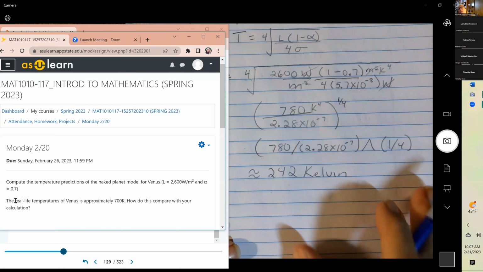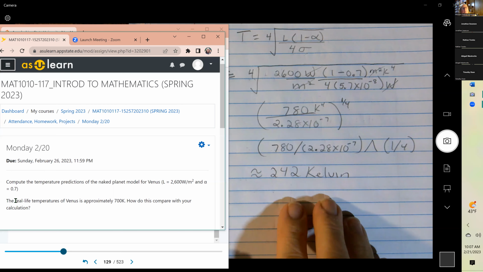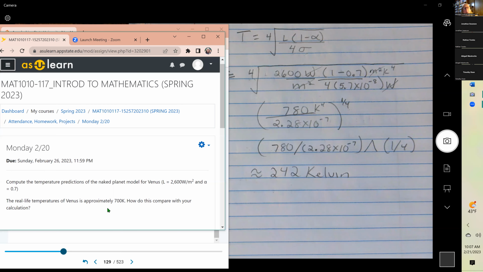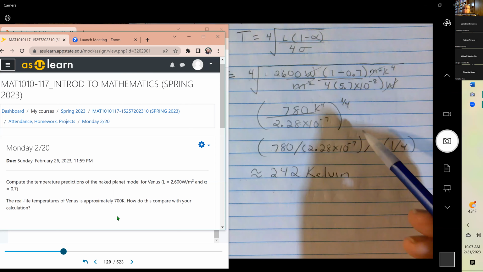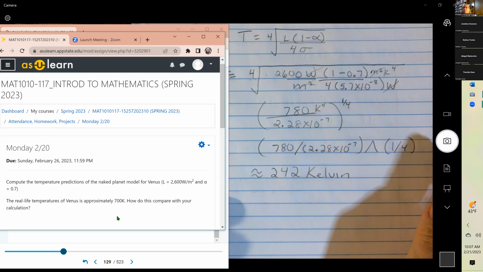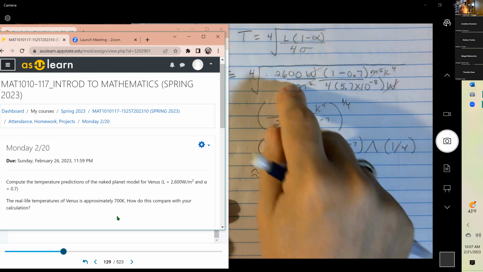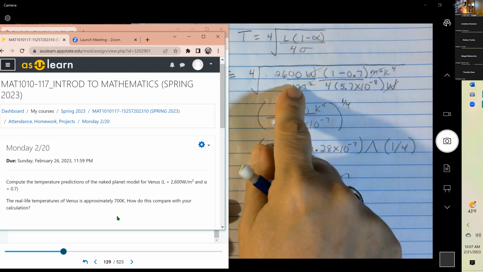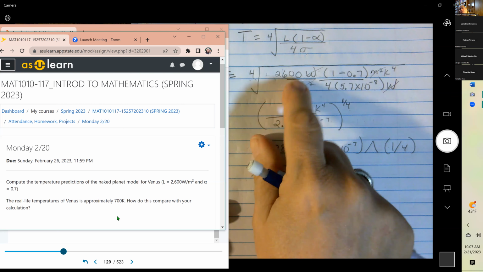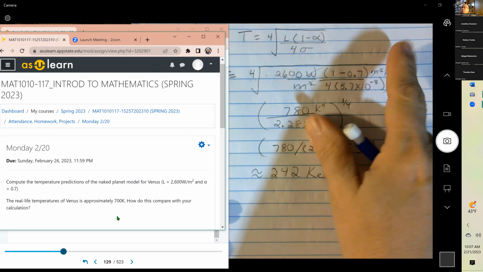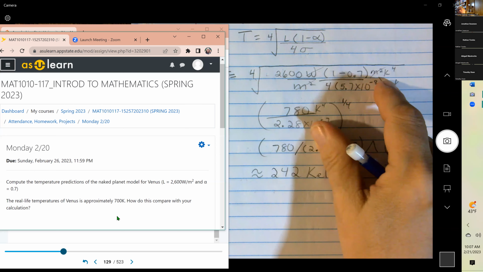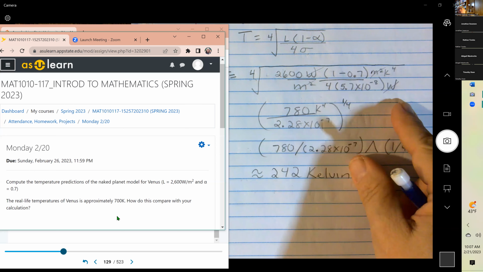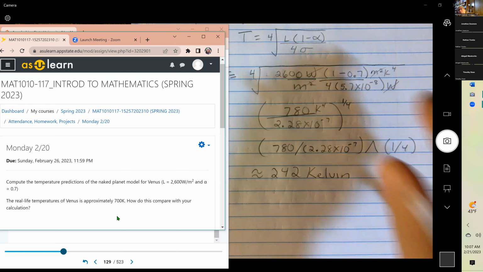Now this is a lot lower than the actual. It says on here, the real life temperature is 700. Were there any questions on this? So this is watts per meter squared. If it's not in meters when they give it to you, you need to put it in meters, because this is meters squared Kelvin to the fourth, and this is watts.